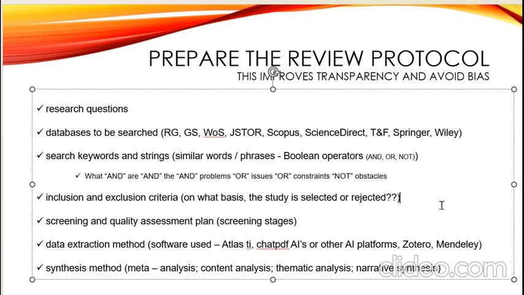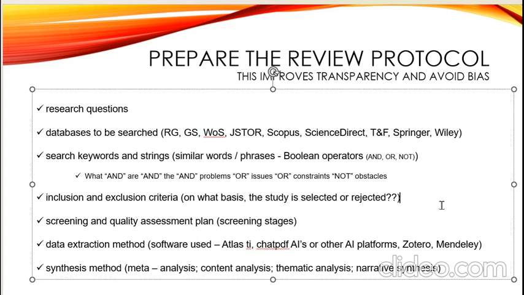Then the fifth stage is the screening and quality assessment plan. How are we going to screen the literature? Screening means you are going to take a look at all the papers. How to select this paper or not. How I can select this paper, how I can reject this paper.